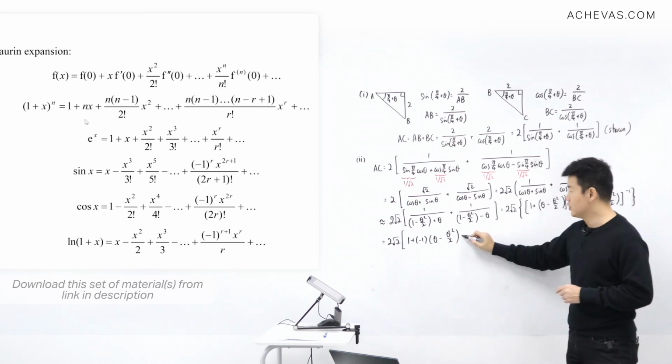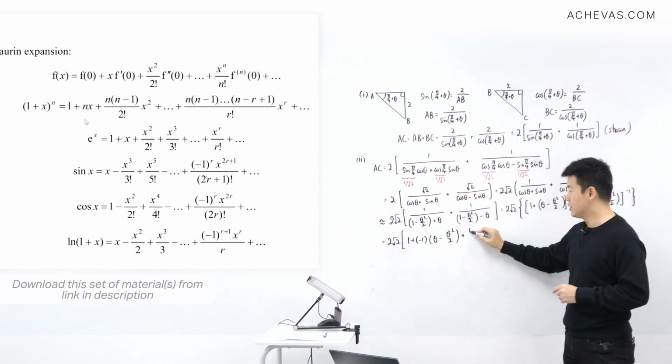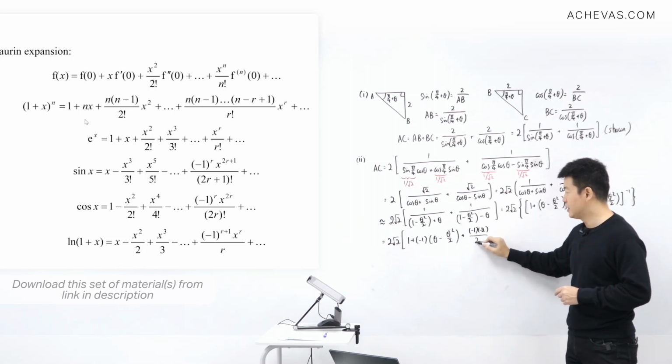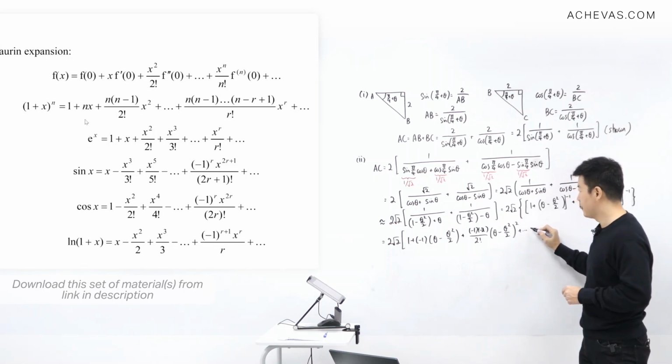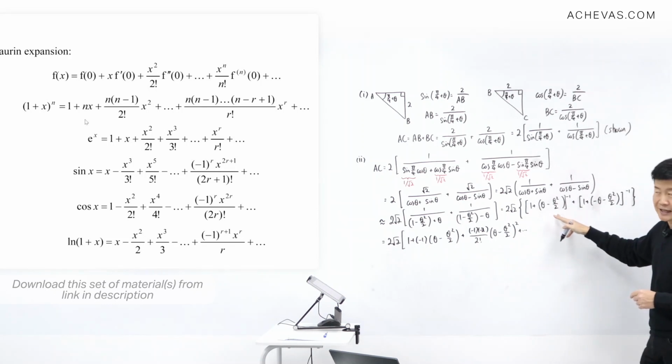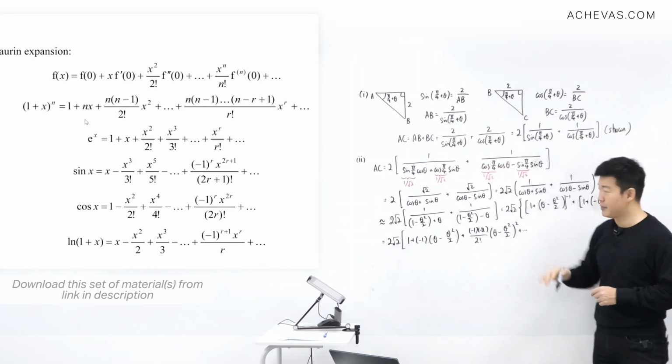The next one is going to be minus 1 times minus 2, divided by 2 factorial, then theta minus theta square over 2 squared, and so on. This is the expanded form based on what we have in our MF26.